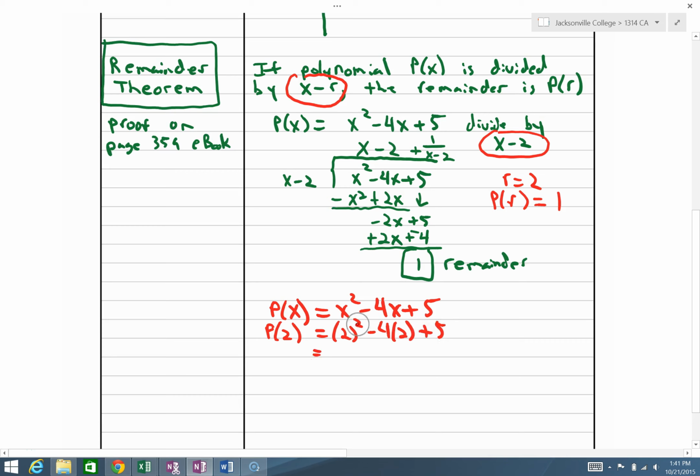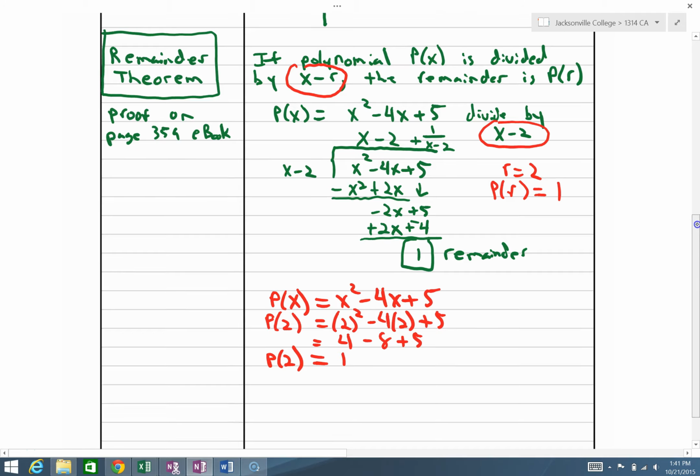Please let this be right. We don't want to break mathematics. 4 minus 8 plus 5. Well, 4 minus 8 is a minus 4, plus 5. That's 1. p of 2 is indeed 1. So what we see is when we divided by x minus 2, this value 2, when we substituted it into our function, produced the remainder.